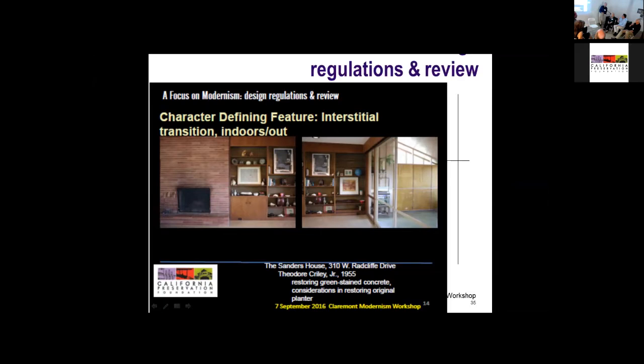I live in a Criley house myself, and I think that's a good thing to do when you're restoring a house by a particular architect: look at his other work or her other work. For example, Criley had a very specific detail in his door jambs, and I've seen it in many of his homes.